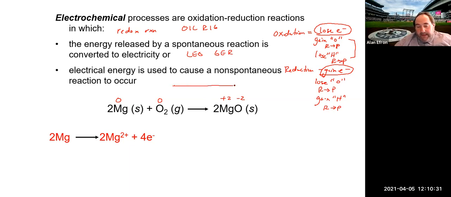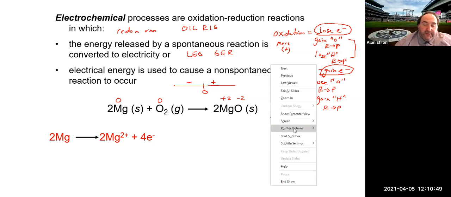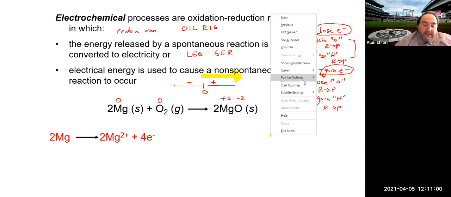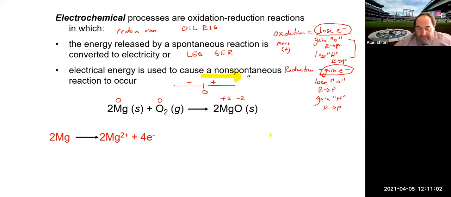Usually on a number line there's 0, on the left-hand side are negative numbers, and on the right-hand side are positive numbers. When things lose electrons, they become more positive because they lost electrons and got more protons. So if you look at the oxidation number and it is heading from wherever it started in a more positive direction, then that species is going through oxidation.